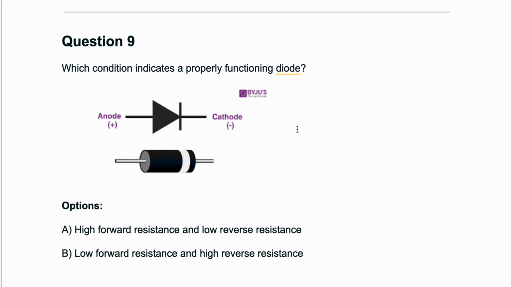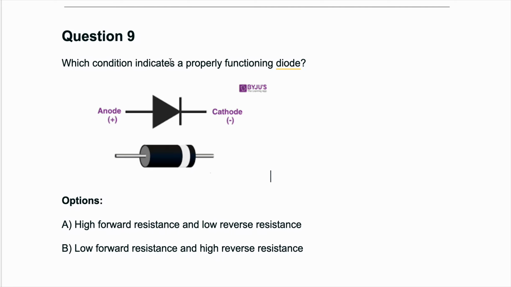What is the diode? We have a cathode and an anode in diodes. Anode is positive, cathode is negative, and this arrow shows the direction of the conventional current, and this white stripe shows the cathode side of the diode.